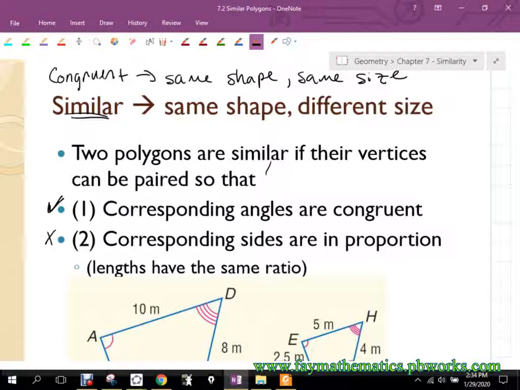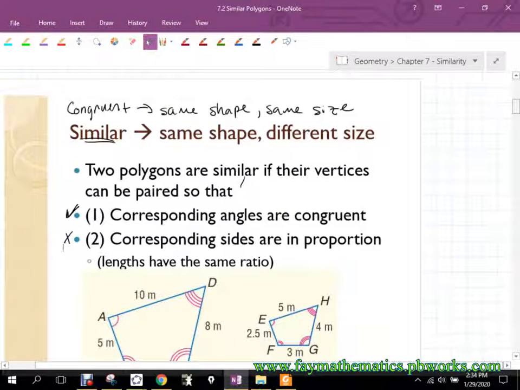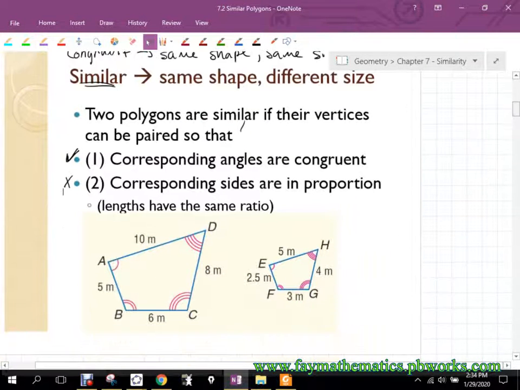Meaning that if I compare, in this graphic here, corresponding sides, let's say AD is 10. Now, the reason I'm going to correspond AD to EH is not because they're both the top segments.